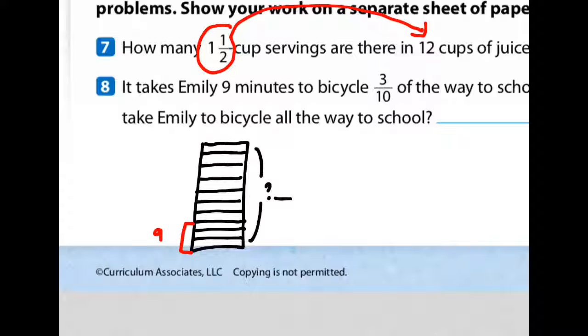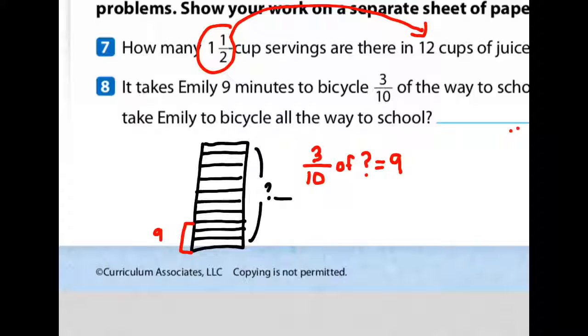Okay? So here's what we know. We know that 3/10 of the entire trip to school, which we don't know, takes 9 minutes. Okay, think about that. 3/10 of the entire trip takes 9 minutes.